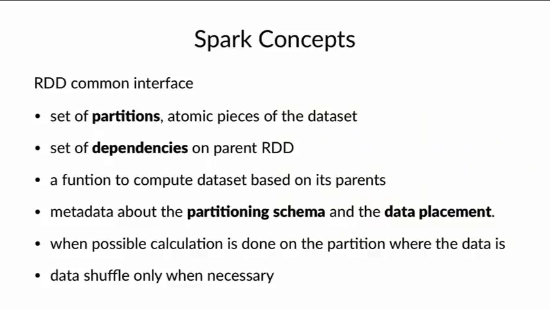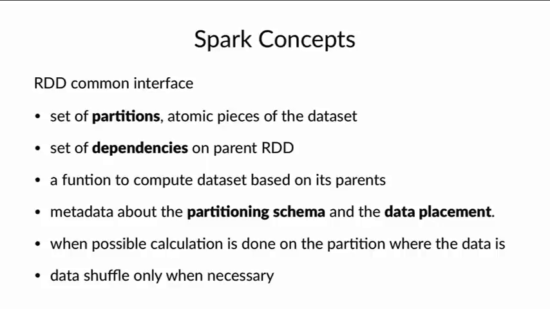So the common interface to work with Spark is the RDD. As I said, it's a set of partitions. There are atomic pieces in the data set. RDDs define a set of dependencies on parent RDDs. There are always functions that describe how to compute RDDs based on their parents.